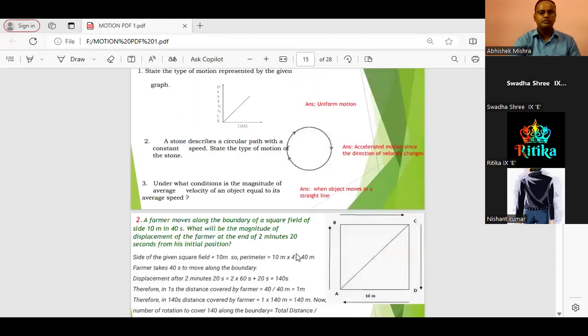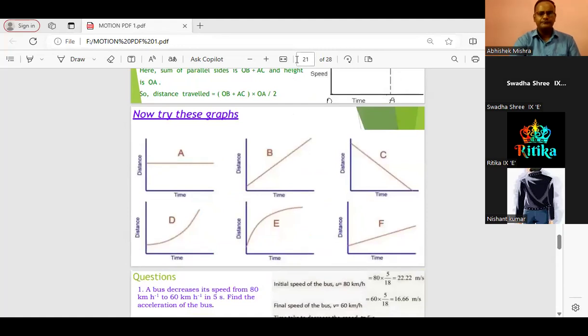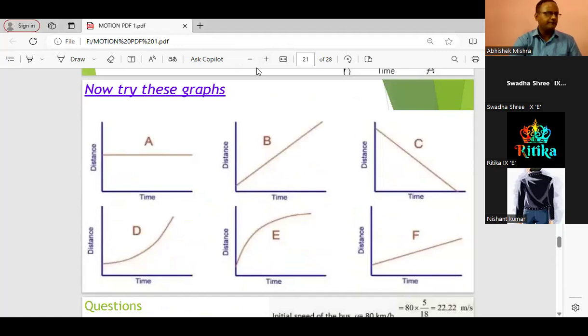The odometer of a car reads 2000 kilometer, full stop.